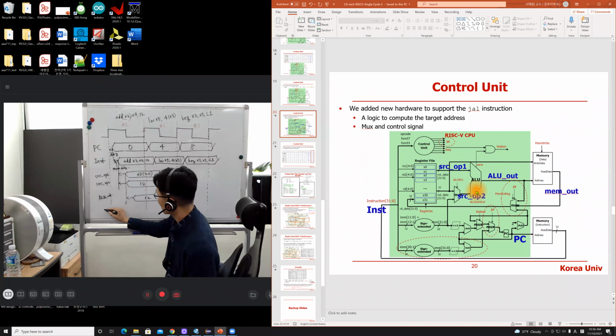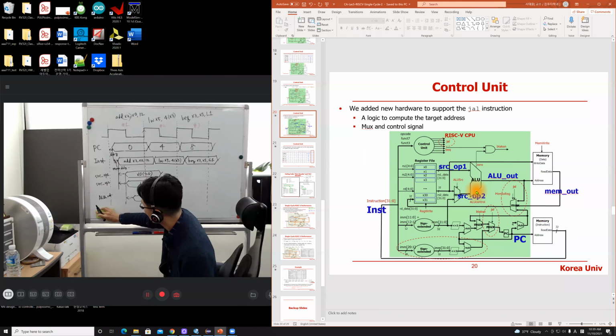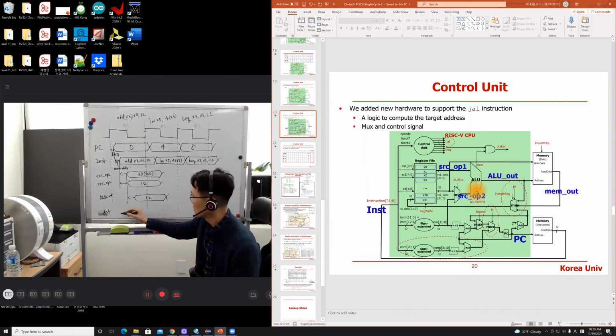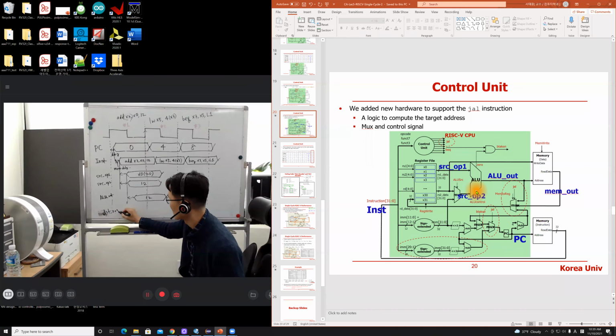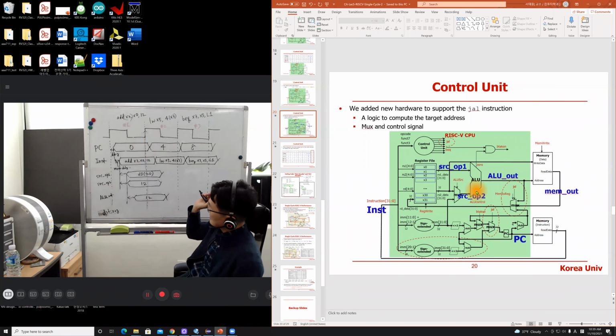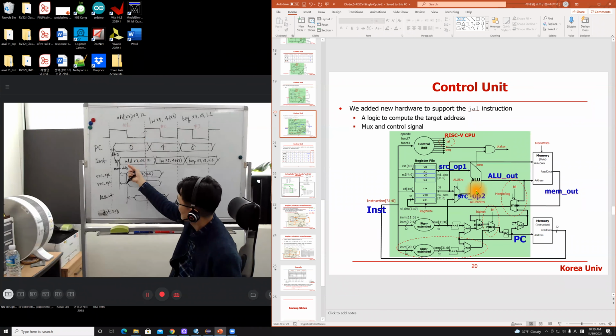The destination register, DST, is X3. And X3 will be available after getting this instruction.